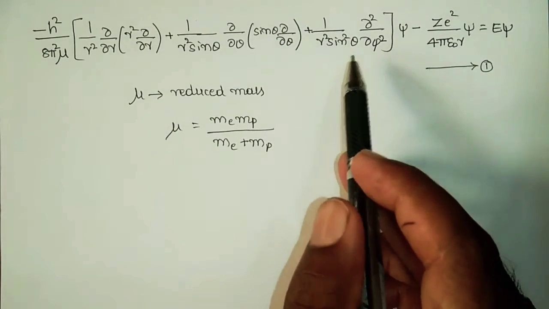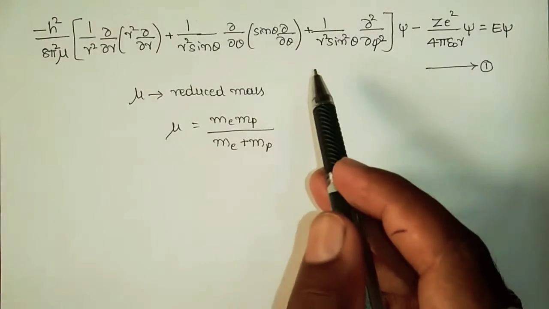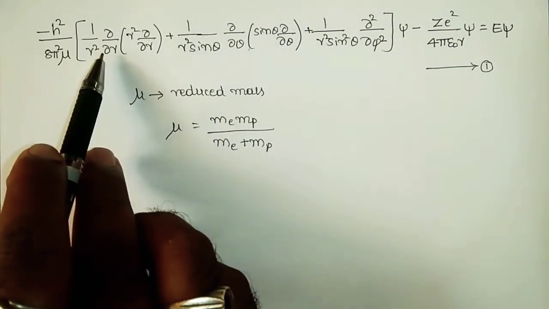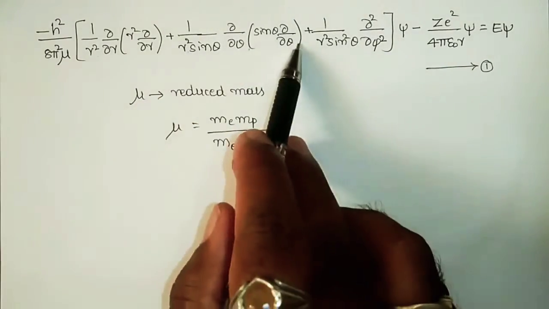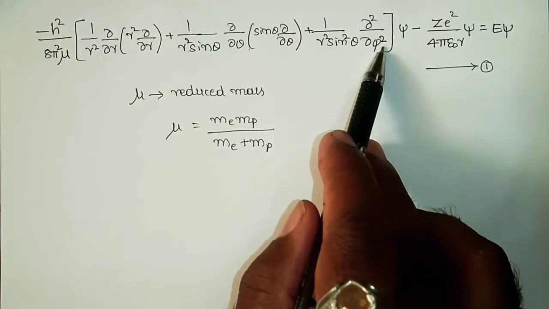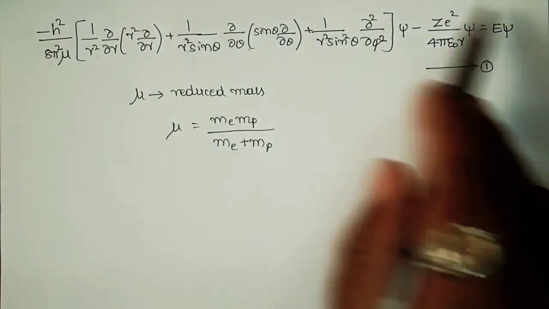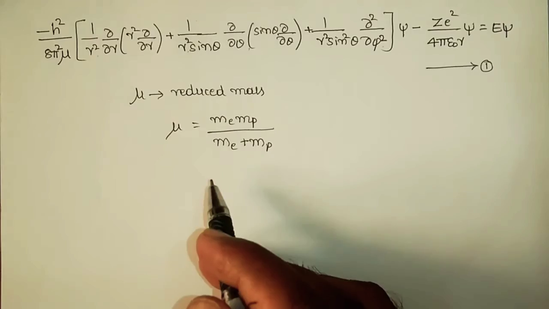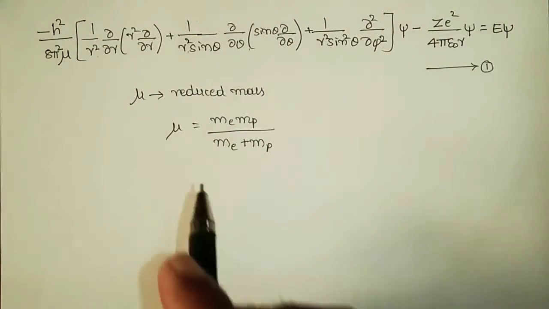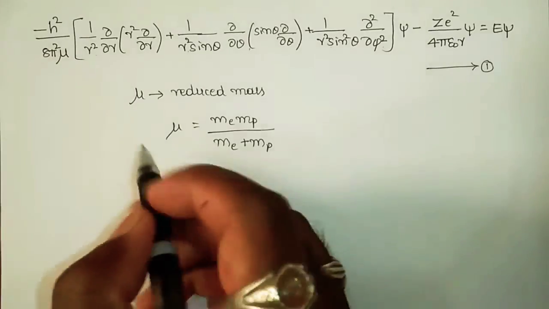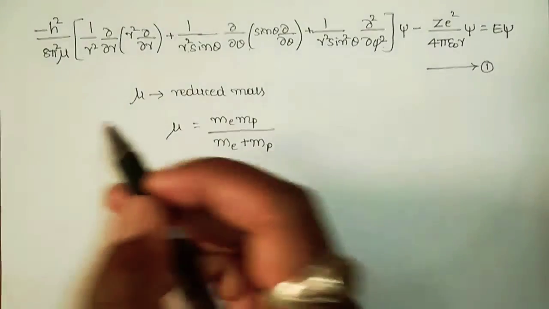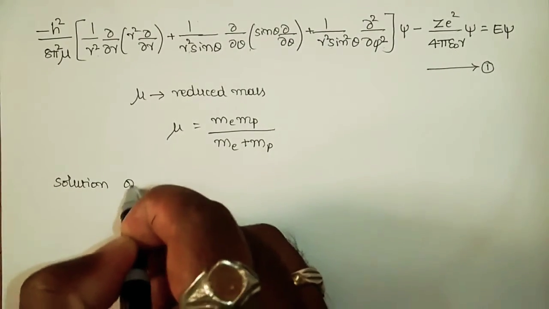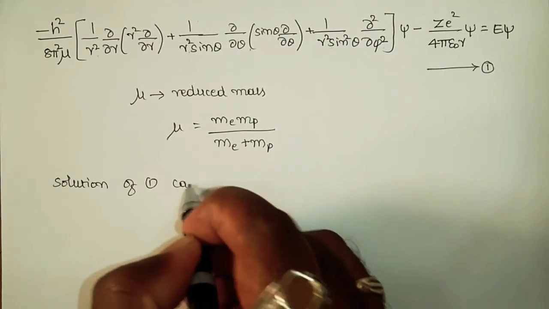In order to solve this, we are supposed to go with the method of separating the variables. Here you can observe we are having r, theta and phi, with the r term and theta term mixed, and the r term and phi term mixed. So we need to separate the individual variables so that we will be getting ordinary differential equations, wherein each differential equation will have one variable.